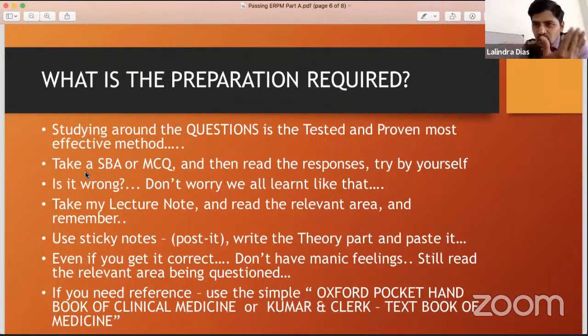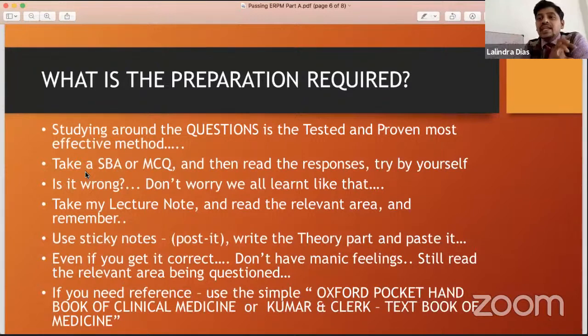They are going to read everything in the lecture note first, and then study and memorize, and only then try to go to the questions. Not that effective. It also can be done. That is also a method, but guys, very difficult, boring. The most effective method is you study around the question.